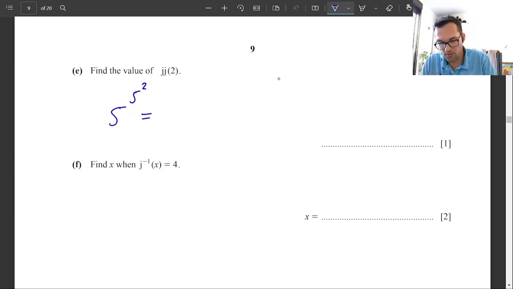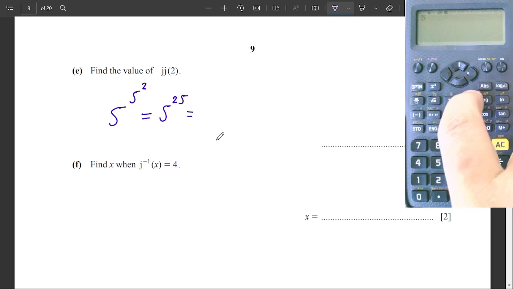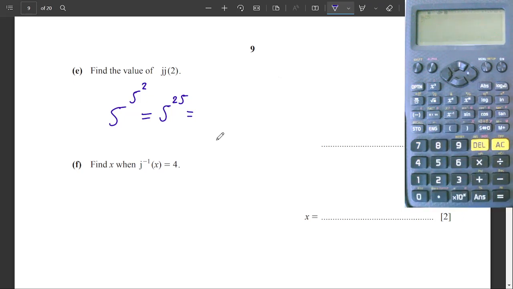So let's first do 5 squared. 5 squared, of course, is 5 times 5, which is 25. So next, 5 to the power of 25. Yes, that's going to be a massive number. Calculator, and slot it in. So we've got 5 to the power of 25. Bam. And that's a big number. It doesn't fit on a calculator screen. That's why they give it to us in standard form.